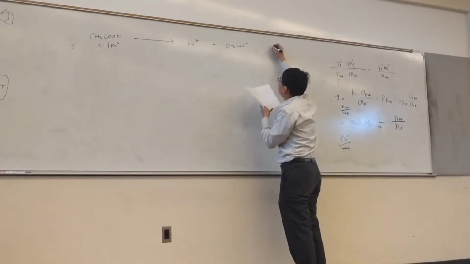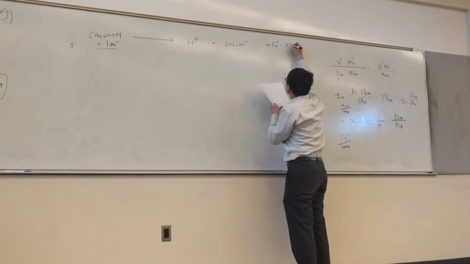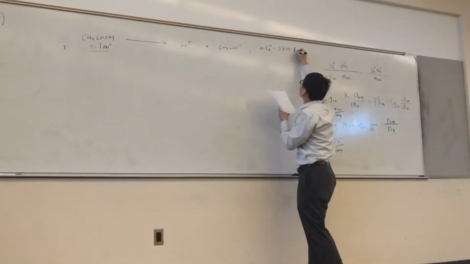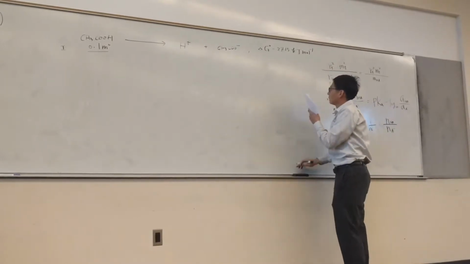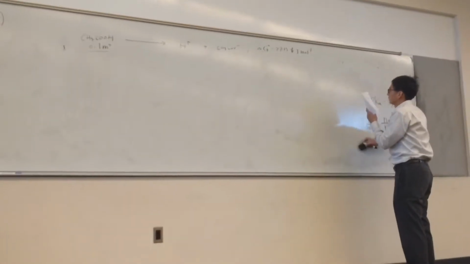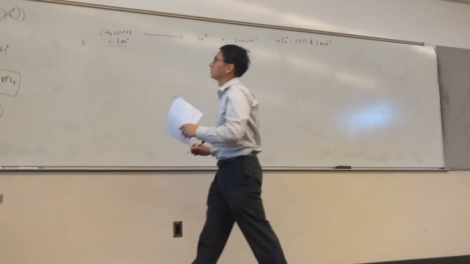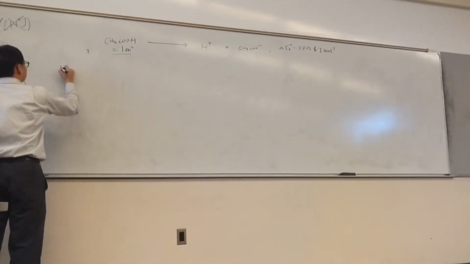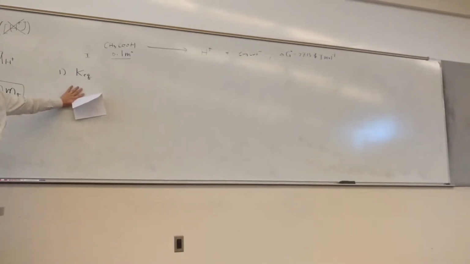So for these equations, the delta G naught is equals to 27.15 kilojoules per mole. The first thing I want to ask is, what is your equilibrium constant, KEQ? This is exactly the same questions we encountered previously, right?